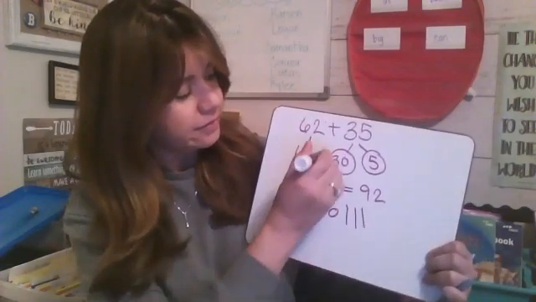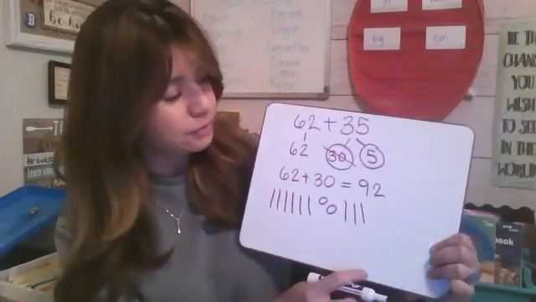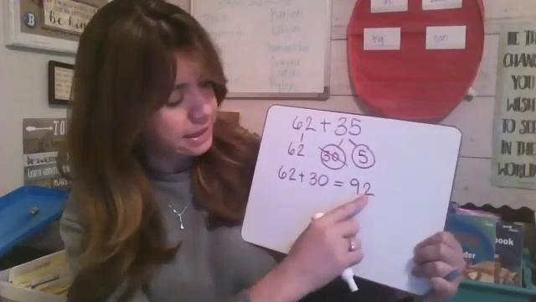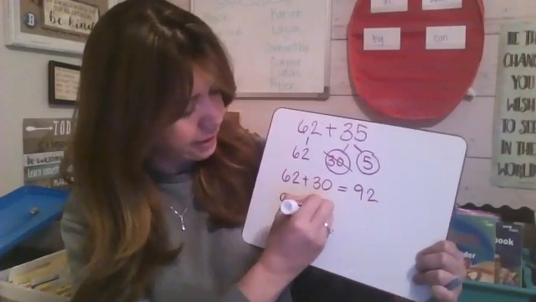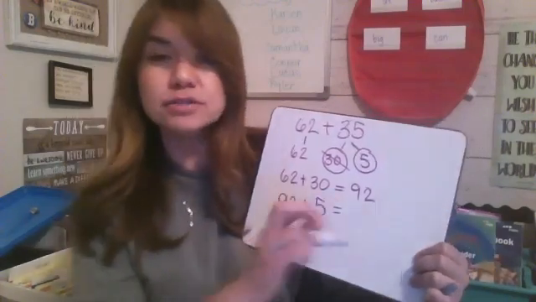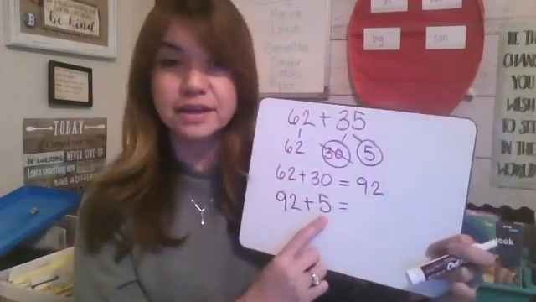Okay, so now I've taken care of adding my tens, and now I can direct my attention to my ones. So I'm going to take that 92 and I'm going to add 5 more. Okay, so if I have 92, I can scoop that number up and I can count on those additional 5. You can do that with me.